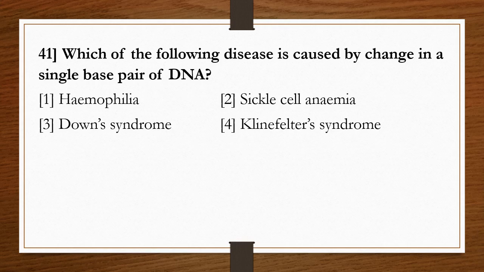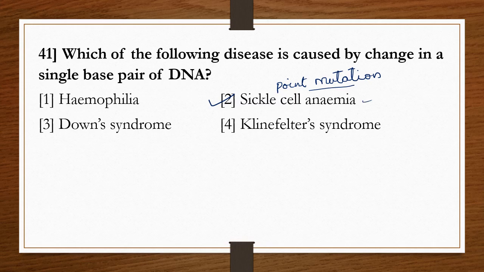A change in a base pair of DNA is called a mutation. A change in a single base pair is called a point mutation, and its example is sickle cell anemia.